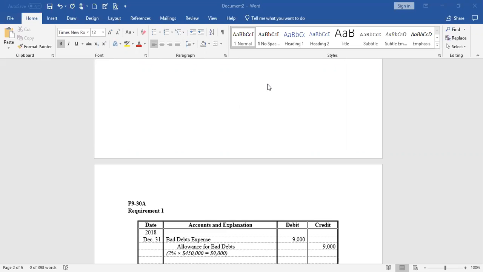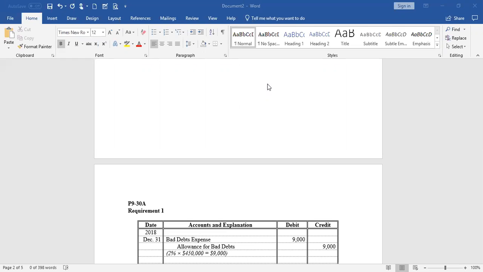It's December 31st of 2018. The company's been in business during the year, and they estimated that bad debt expense for this year's credit sales is 2% of the total credit sales of $450,000. So what they're saying here is they know, based on past experience, about 2% of their credit sales will probably become bad accounts going into the future.